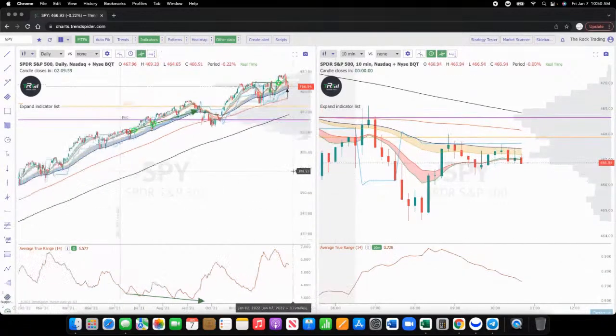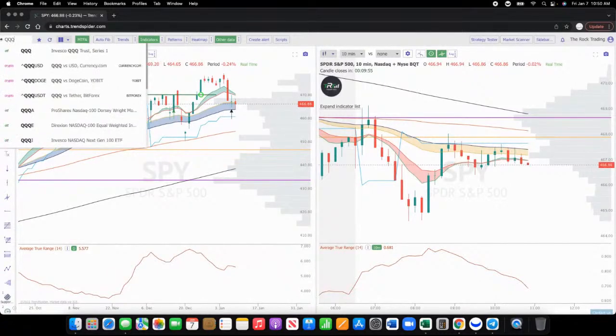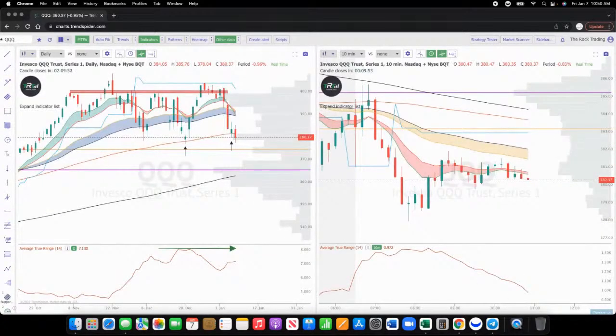Now let's go ahead and pull up QQQ once again. I mentioned earlier at the beginning of this video the average true range trailing stop. It is also based on a 14 MA, and it's an automatic calculation of the average true range multiplied by 3. What does that mean?